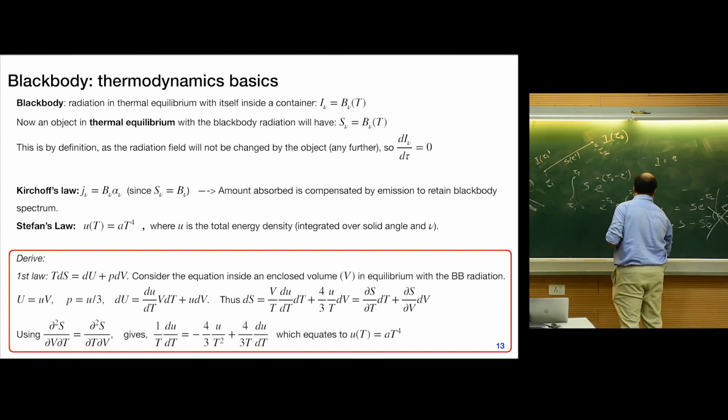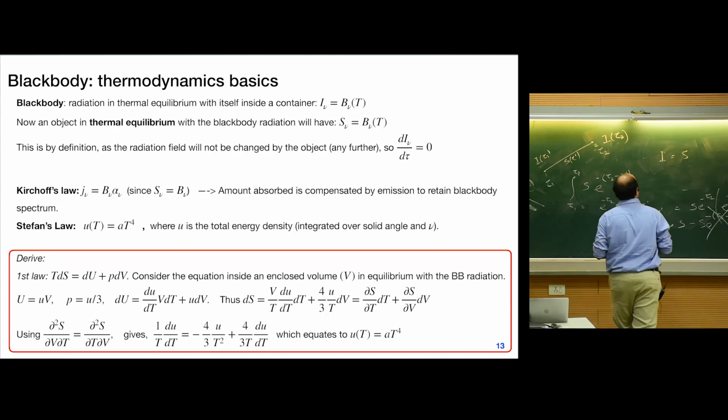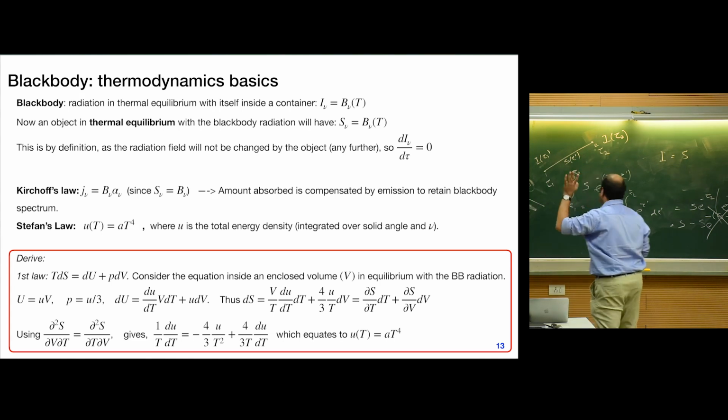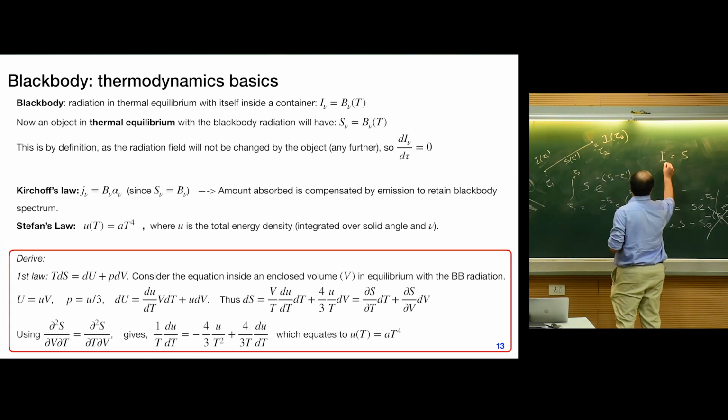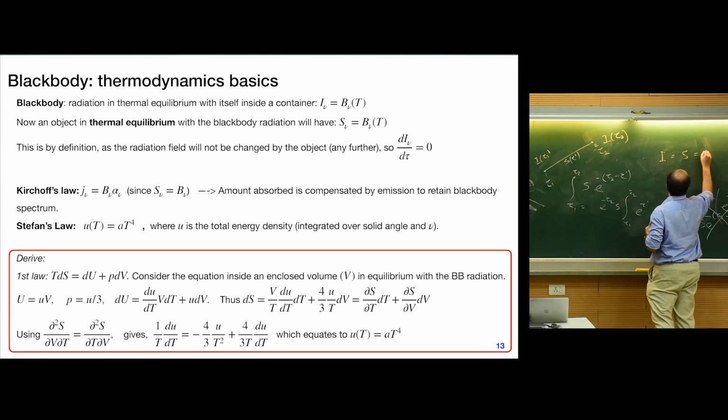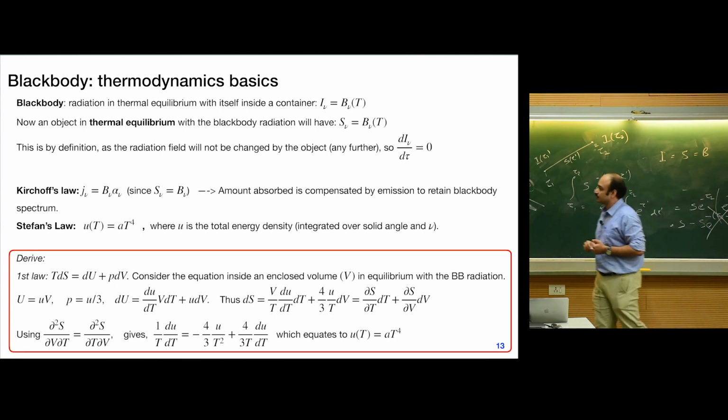I just showed that if there is no change in the intensity, the radiation inside for a black body completely loses any memory of what the radiation outside is. So deep inside the optically thick medium, I equals S, and if the optically thick medium is in thermal equilibrium and the radiation is in thermal equilibrium with it, this equals the black body radiation.